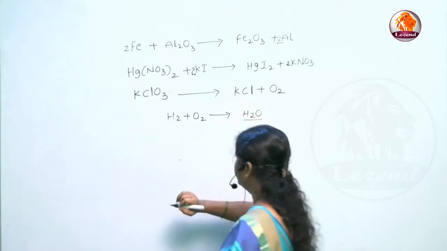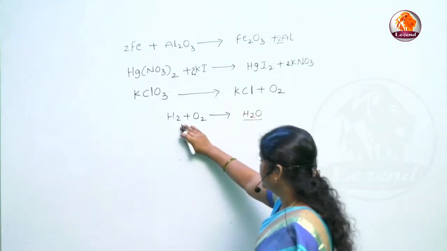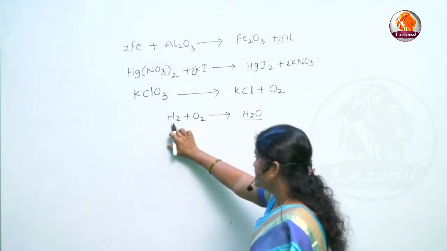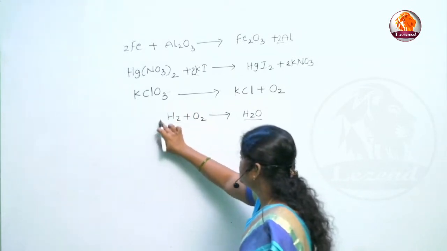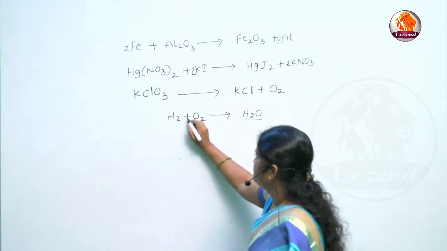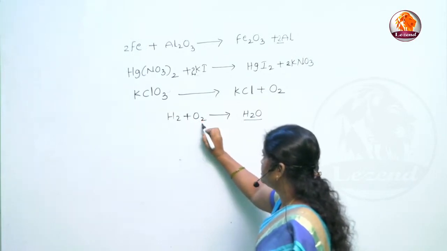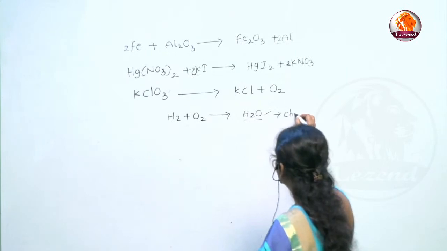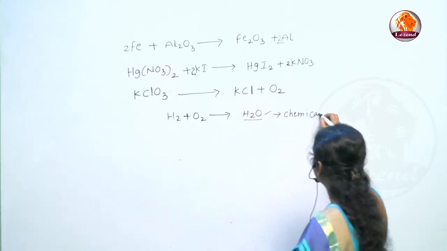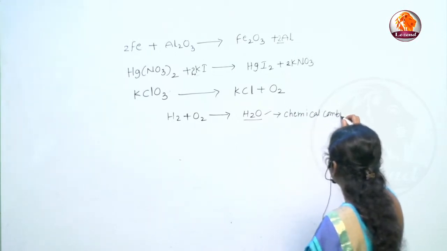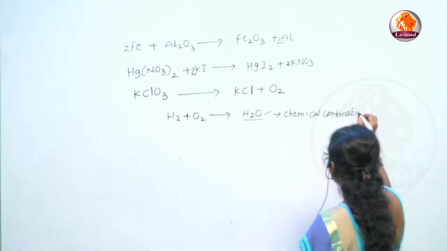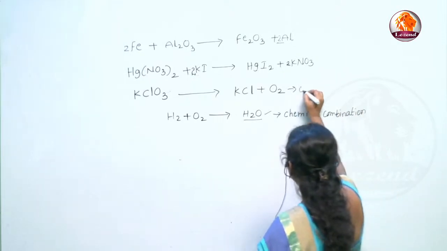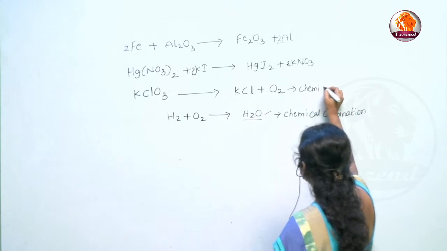We have only one product on the right side, but on the left side we have hydrogen and oxygen. These 2 combine together and produce only a single product. This is chemical combination, a type of chemical change. And this one is chemical decomposition.